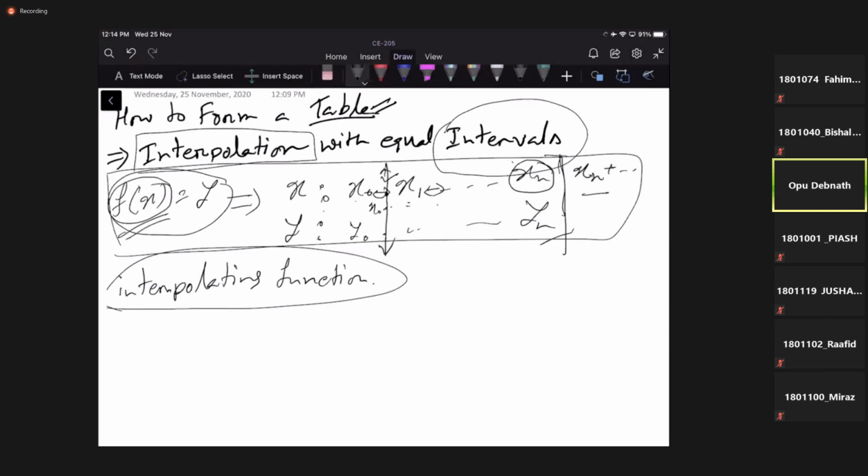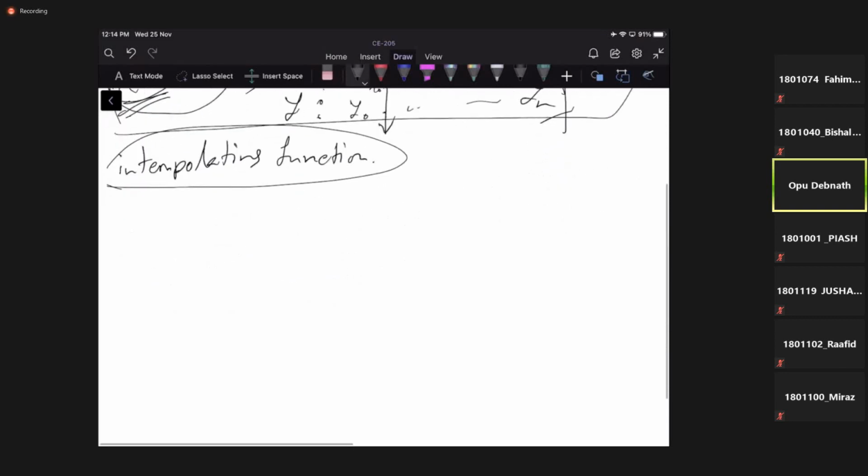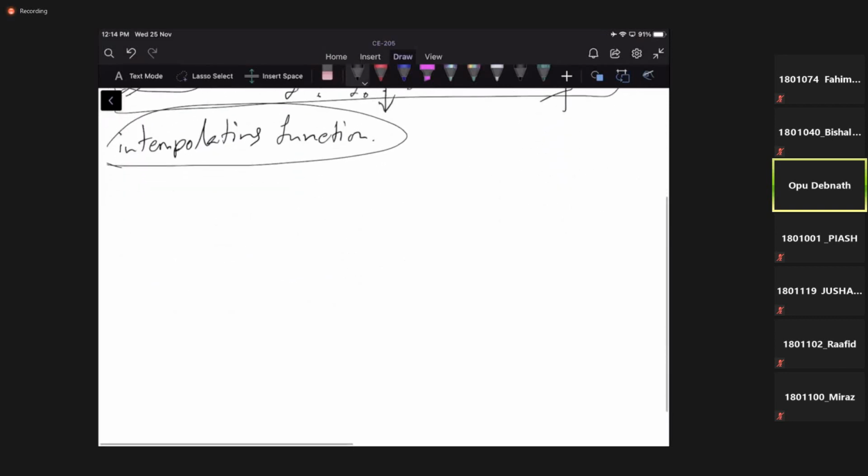We first form this function in polynomial form, so this is called polynomial interpolation. For polynomial interpolation, we will follow the first method, Gregory Newton forward interpolation.